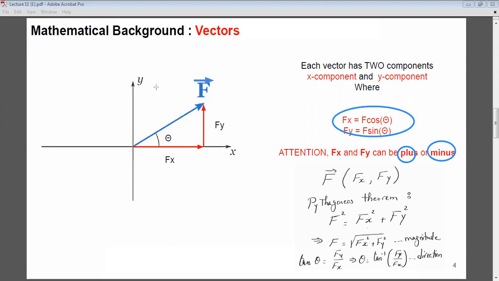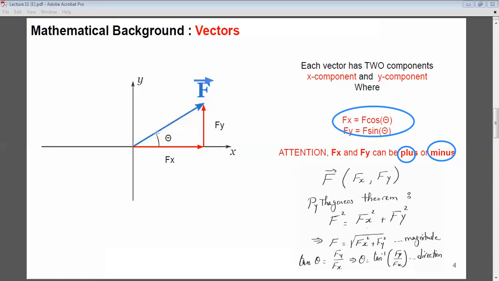Apply Pythagoras theorem, since this is a 90 degree angle. If the question asks about magnitude and direction of a vector, f squared is fx squared plus fy squared, so f is the square root of fx squared plus fy squared.